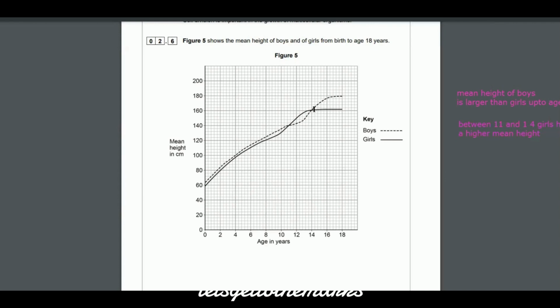And then over here from 14 to 16, we can say boys have a higher mean height. And then we can also say the data only goes up to 18.